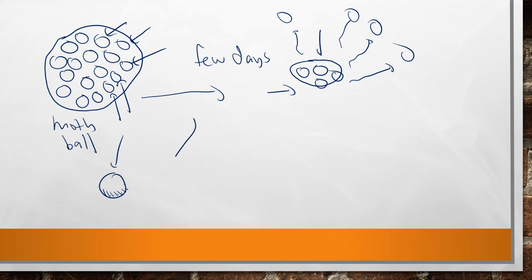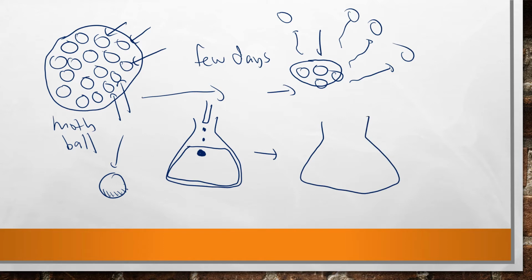You remember for the first image that we have the conical flask? The first one, when we put a drop of the methylene blue here, the methylene blue is not yet spreading. But if we wait for about 30 minutes or so, as you can see, the whole water turns blue.